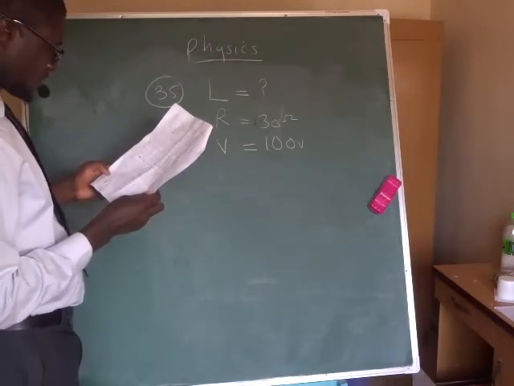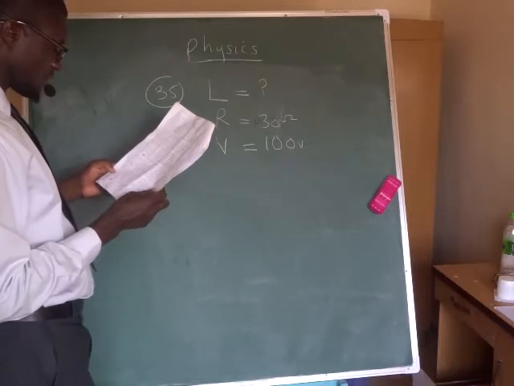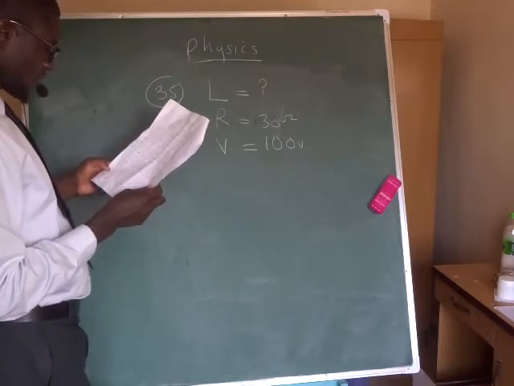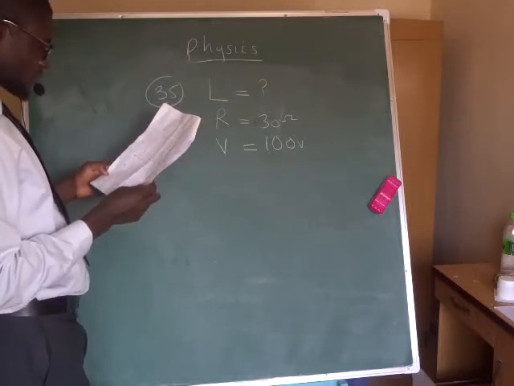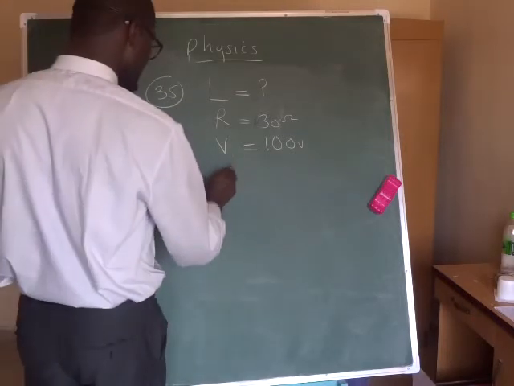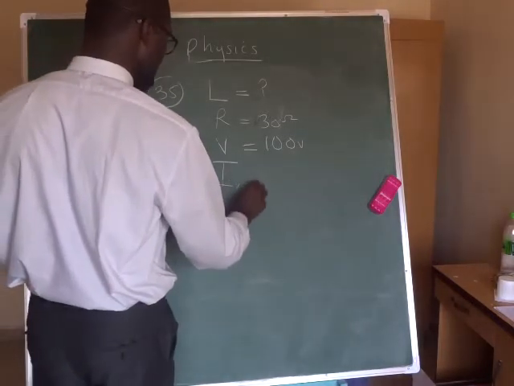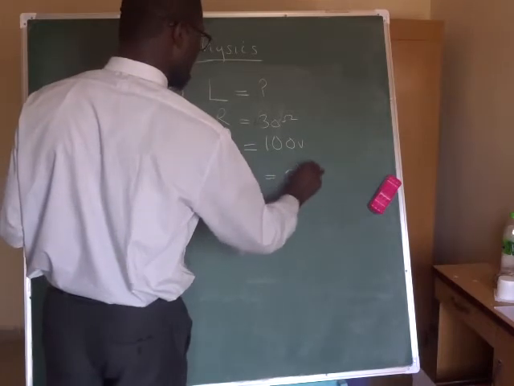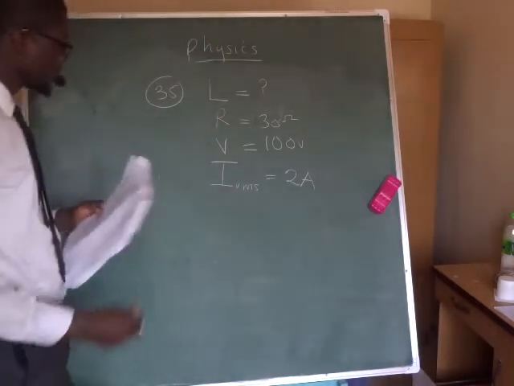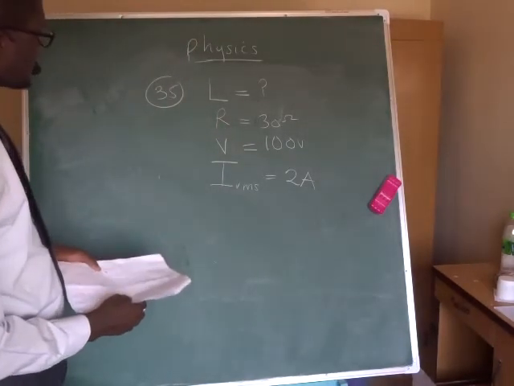If the coil draws an RMS current of 2 amperes, my RMS current is 2 amperes. So we're looking for inductance.